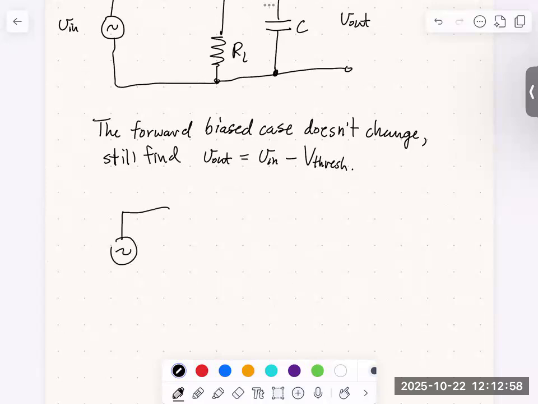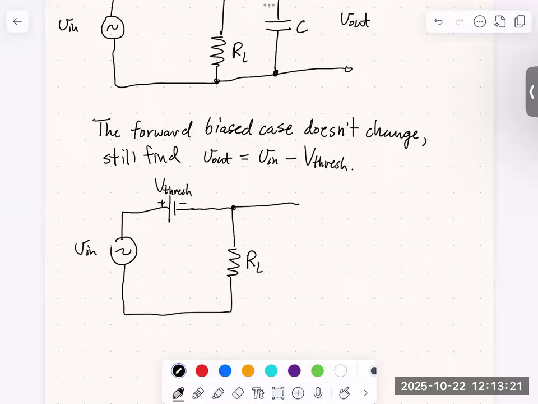The equivalent circuit is we have to replace the forward bias diode by a battery. And we have to get the orientation right, the positive terminal on the left and the negative terminal on the right. So now we have our resistor, RL. We close our circuit. Here's V in. I'll put in my capacitor, C. That's the new component. And then this is our output. V out is still equal to V in minus V threshold.